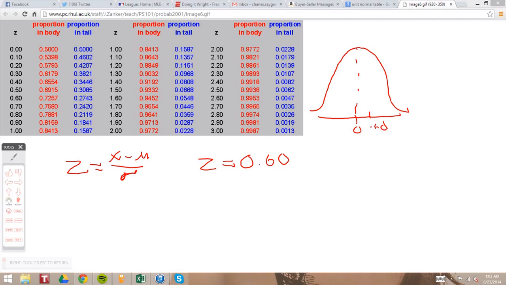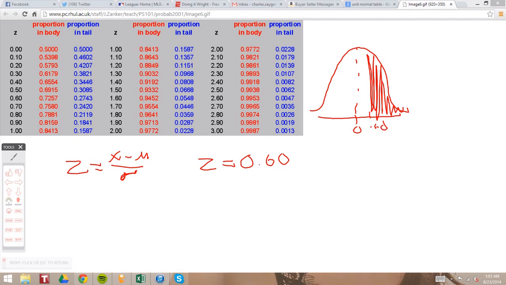You have your z-score 0.6, so a question could be: what probability of scores are above a z-score of 0.60? Since it asks above 0.60, you take your normal curve and shade to the right of 0.6, because those are all the scores above that z-score.